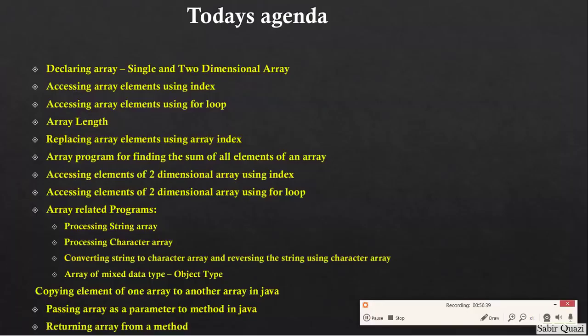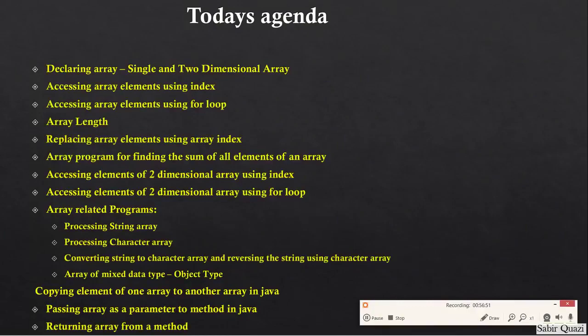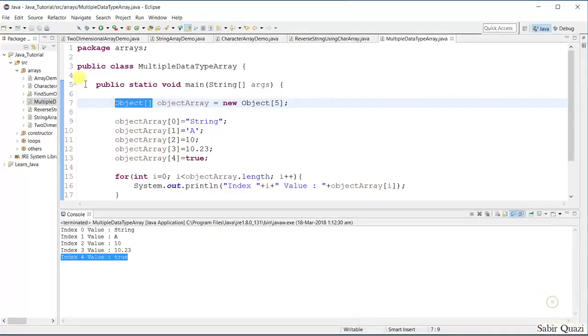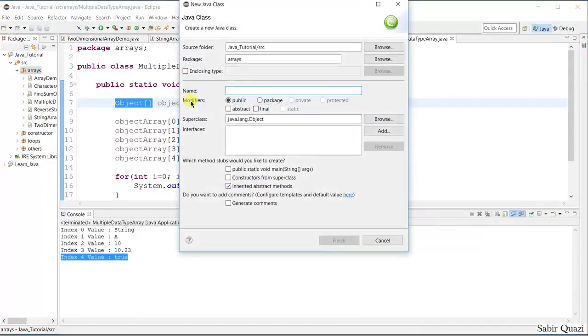Now let's get back to our agenda. We have already covered so many things. Now we are close to passing an array as a parameter to a method in Java. Let's get back to our Eclipse again and create one class called passing array to method.